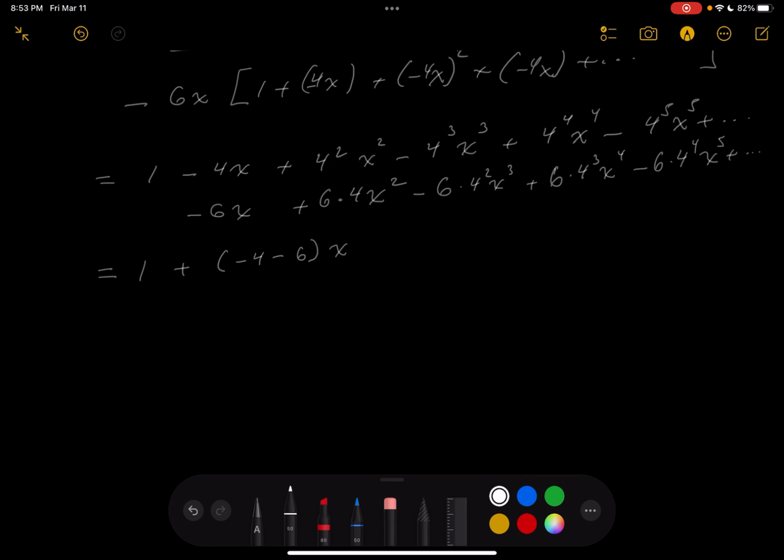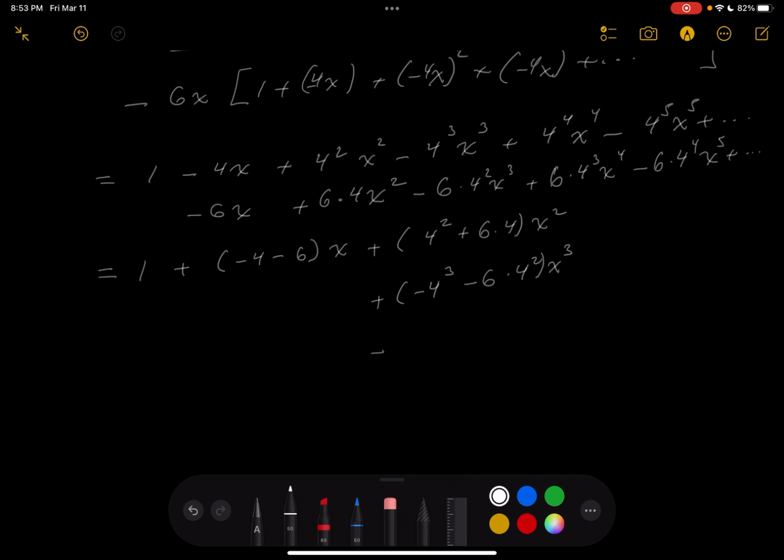And the next one I'm going to write down is plus 4 squared plus 6 times 4 x squared. What's the next one I'm going to put down? Plus minus 4 cubed minus 6 times 4 squared x cubed.